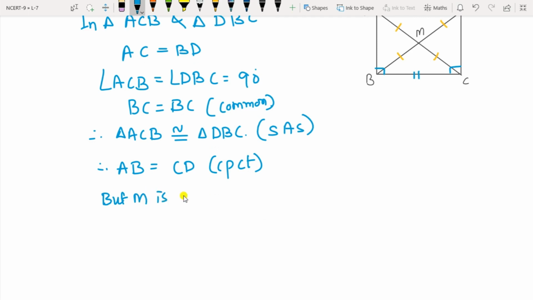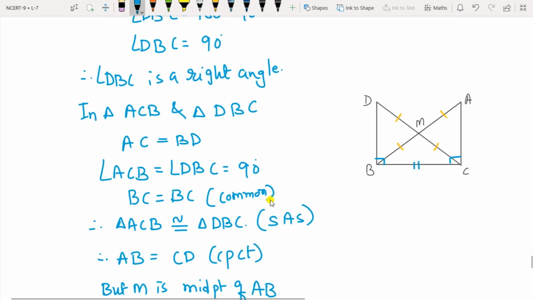So, we have proved from these two triangles that AB equal to CD.